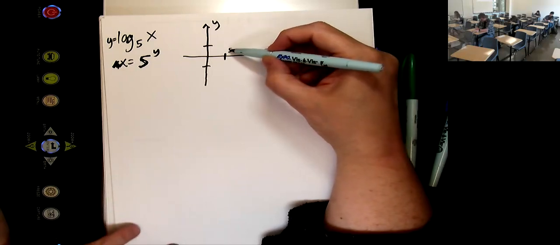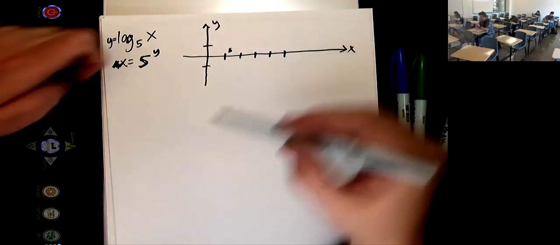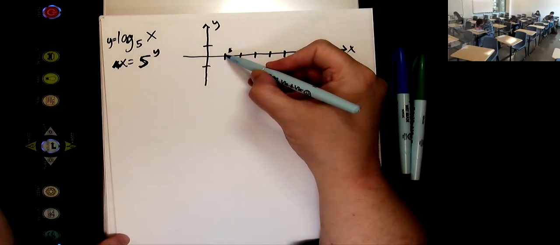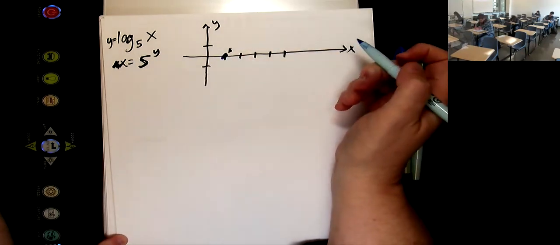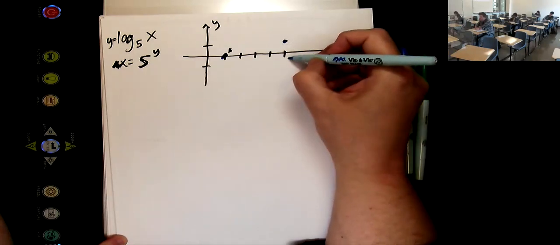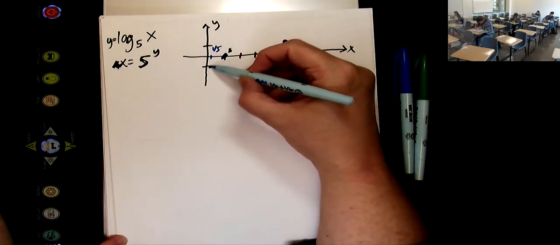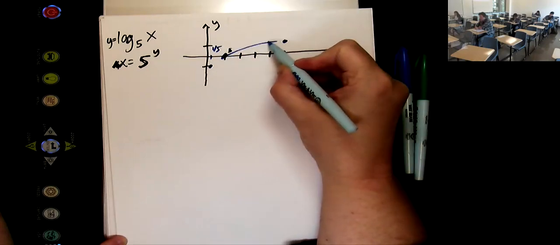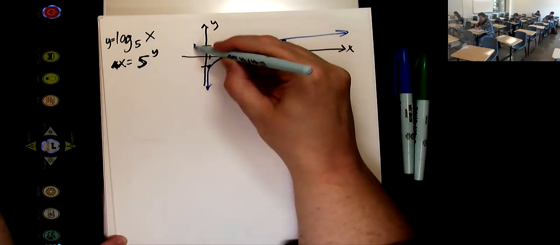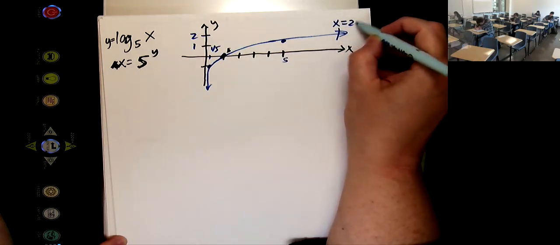Nope, we'll say that's 1. When y equals 0, x equals 1. When y equals 1, x equals 5. And when y equals -1, x equals 1/5. If we went up to y equals 2, this would be all the way over at x equals 25.